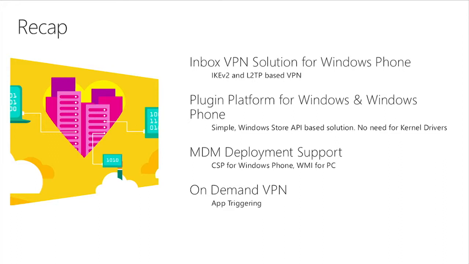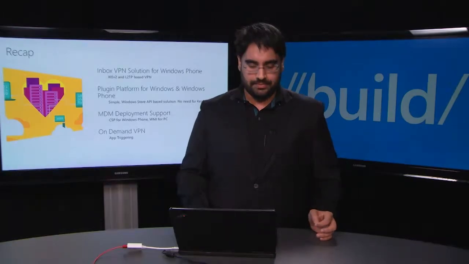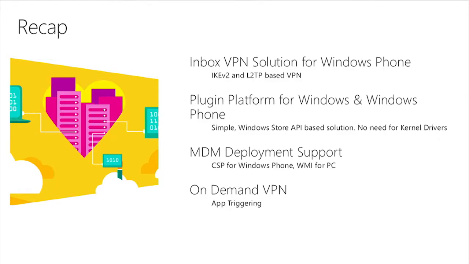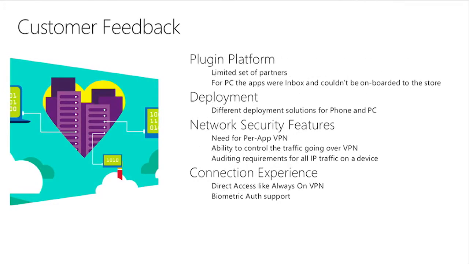Via this platform, the ISVs could write a simple VPN solution using the Windows RT APIs and get full access to their VPN technology. We also added limited MDM deployment support, which was CSPs for Windows phones and WMI for PC. And lastly, we started on-demand VPN via app triggering, but only for non-domain joined machines. This was a V1 solution.